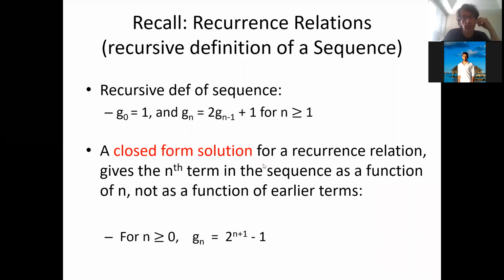Okay, so we have this recursive definition of sequences, right? We start with some base point, and then you have a recurrence relation that defines the nth element as a function of the previous elements in the sequence.